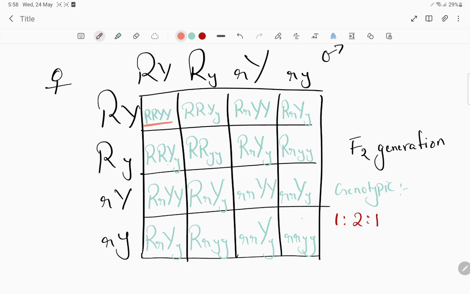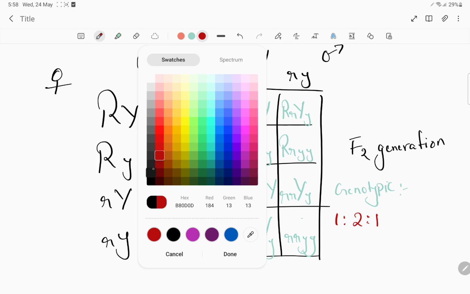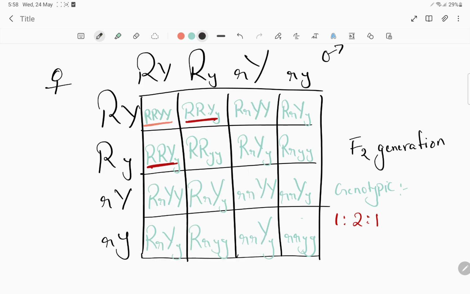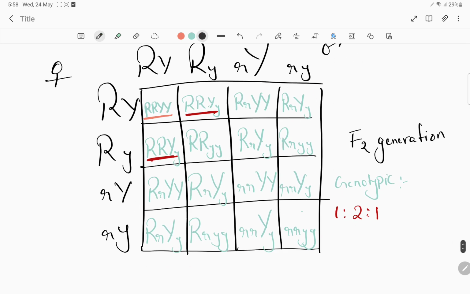This one you have only 1, and this one you have 2. And this one again you have 1.